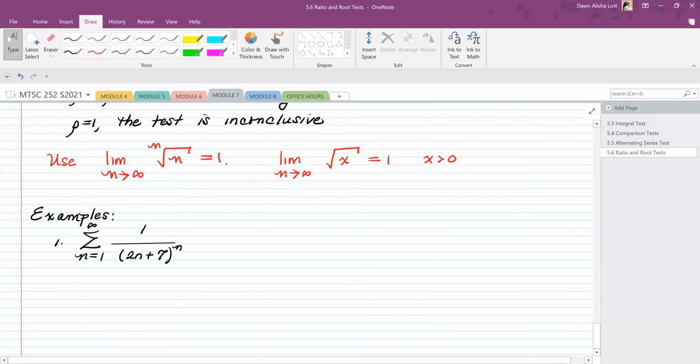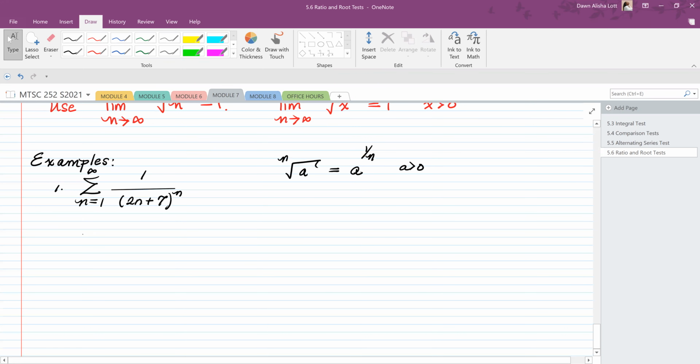Now remember, if you take the nth root of anything, it is simply that thing to the 1 over n. So that's basically what that means.